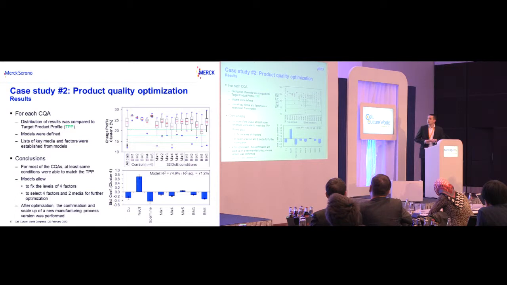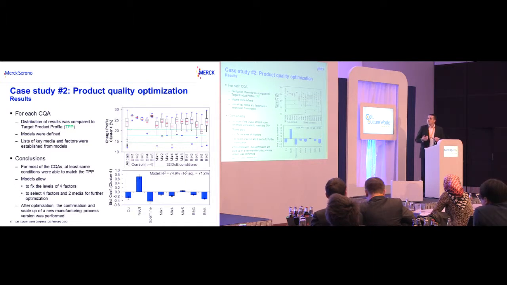But here, when you have the different media and on top of it the 32 conditions that test the 17 factors, you can see that you can obtain a larger variation. And if you are targeting to be in this range here in green, you can see that some conditions enter the target product profile.